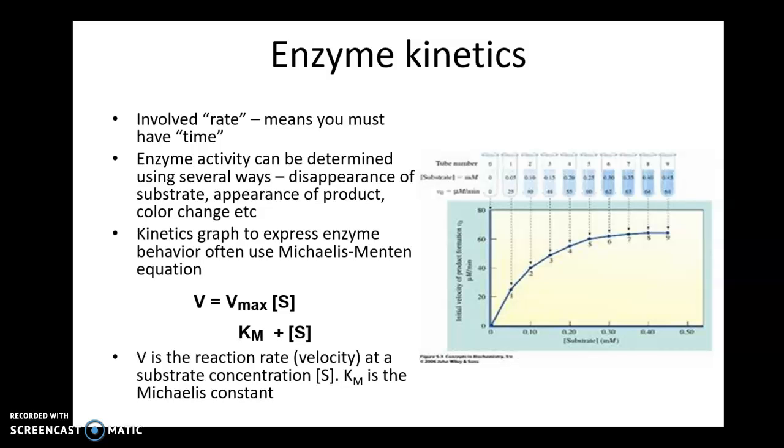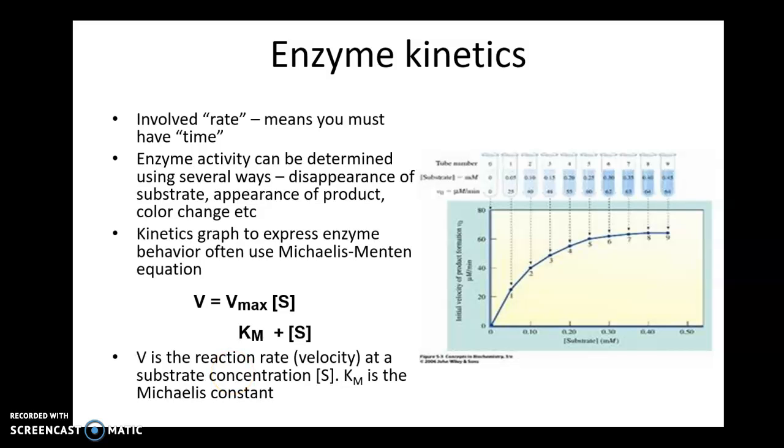So the most common model to express the behavior of the enzyme in the system is what we call the Michaelis-Menten equation. And after some derivation of the equation, you will eventually come to this equation: V equals Vmax times substrate, divided by Km plus substrate, where Km is the constant of the enzyme.